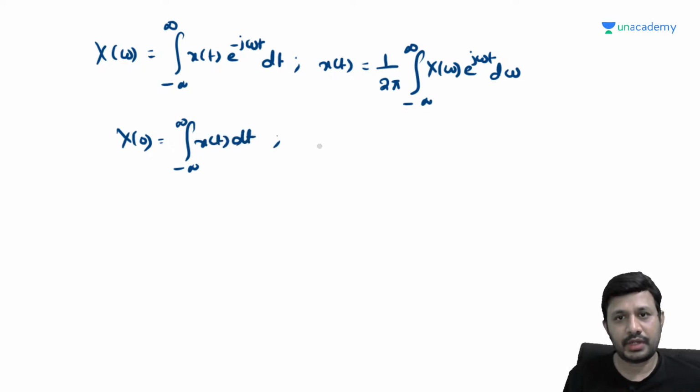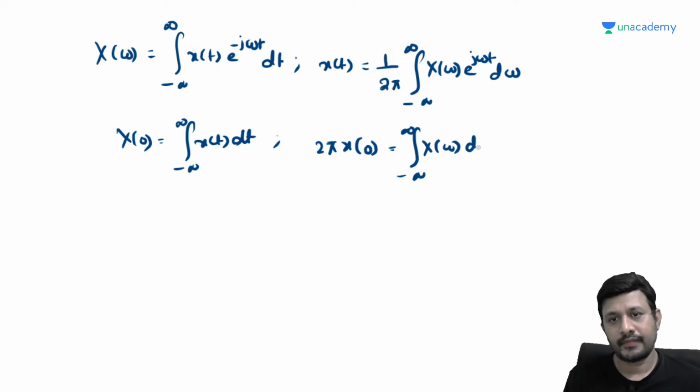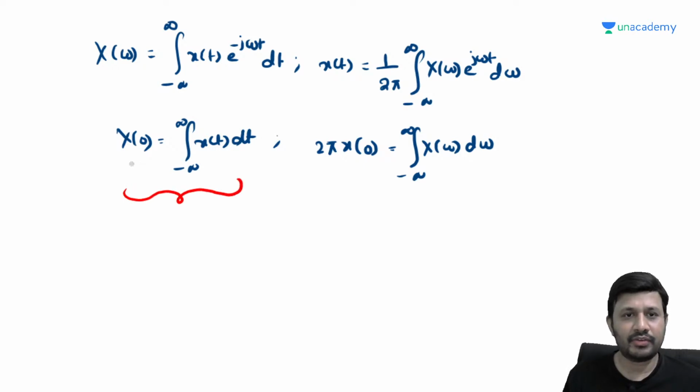What happens if I substitute t equal to 0 here? From this, we say that if you want the area in the time domain, observe the Fourier transform at omega equal to 0. Area in the time domain is nothing but the value at omega equal to 0 in the frequency domain.